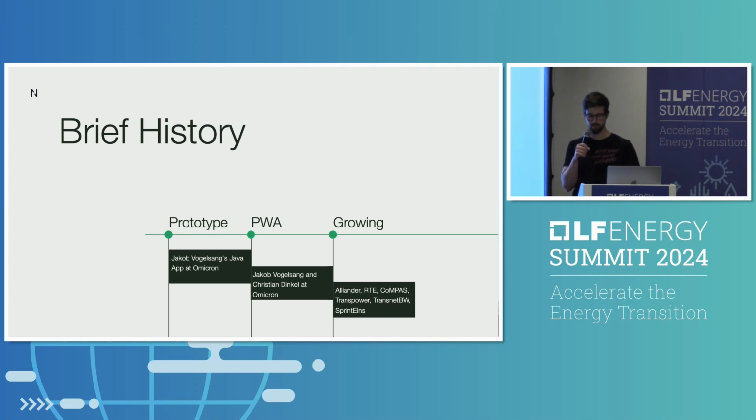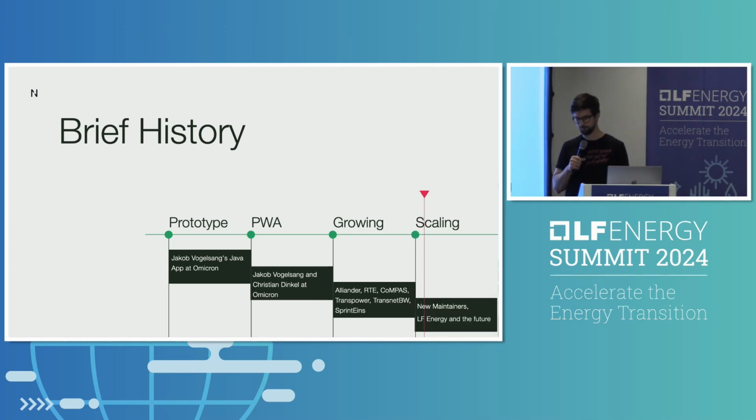And of course, we started with Transnet BW also with OpenSCD. We have been in the project a bit over a year now. The next step where we find ourselves is scaling, where we get bigger projects and maybe more users, but it brings its own challenges.